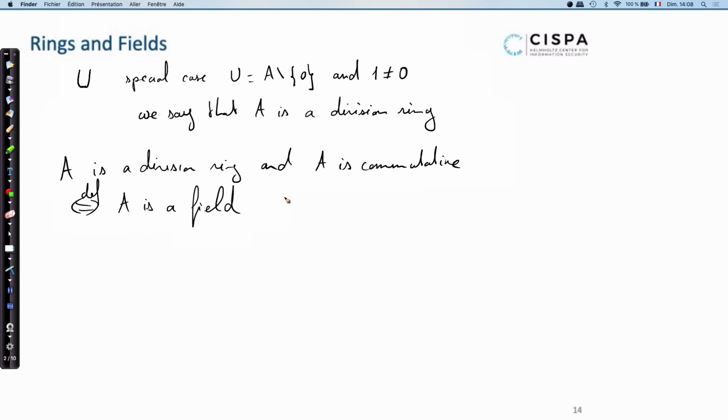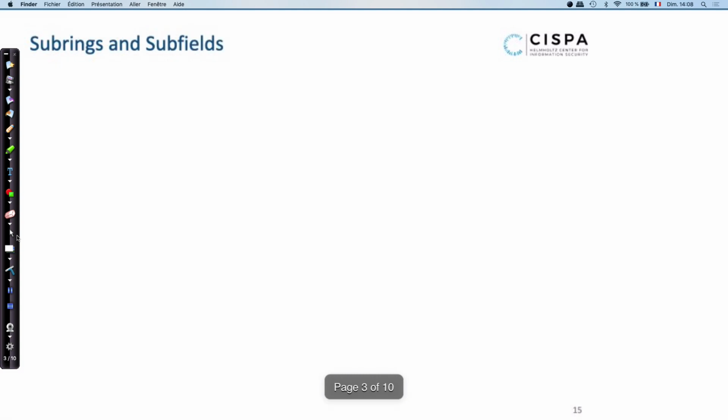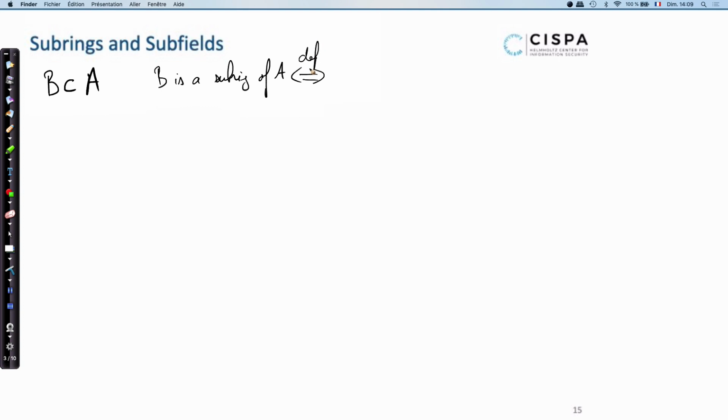So now we can turn to follow the same kind of map that we did for groups, and turn to subrings and subfields. Okay, let me take the pen. Good. So now we have, let's take a ring A and take a subset B of A. So we say that B is a subring of A if and only if, by definition, we have the following property.